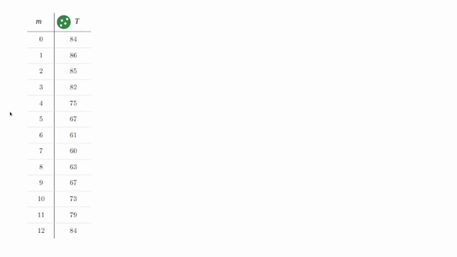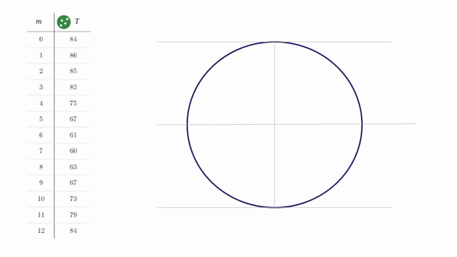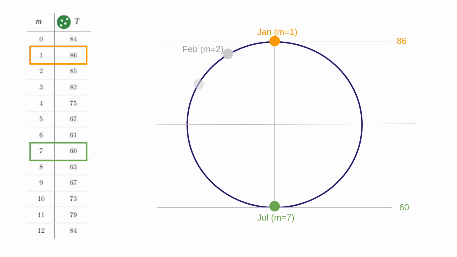Here's that same data, and I'm going to draw a circle. I'm going to put the highest temperature at the top of the circle. I'm going to put the lowest temperature at the bottom of the circle. And then I'll just visually space the other months around the circle for a sense of how this could work.